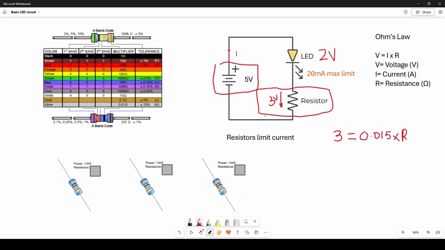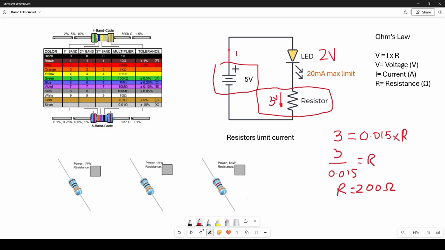R equals 3 divided by 0.015, and if you calculate that, R comes out to be 200 ohms.